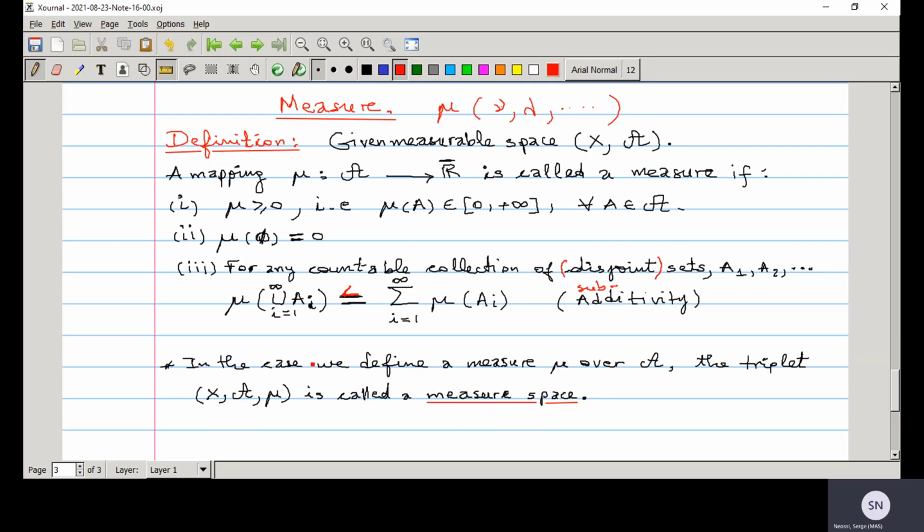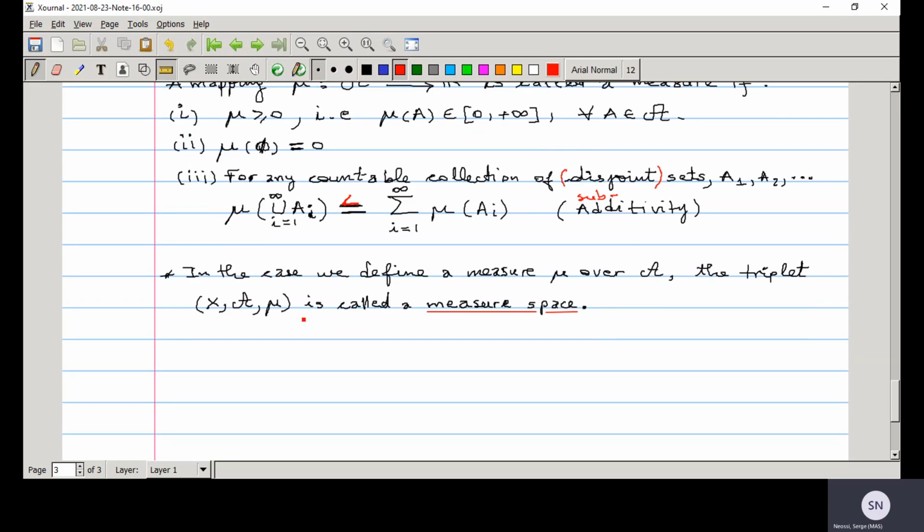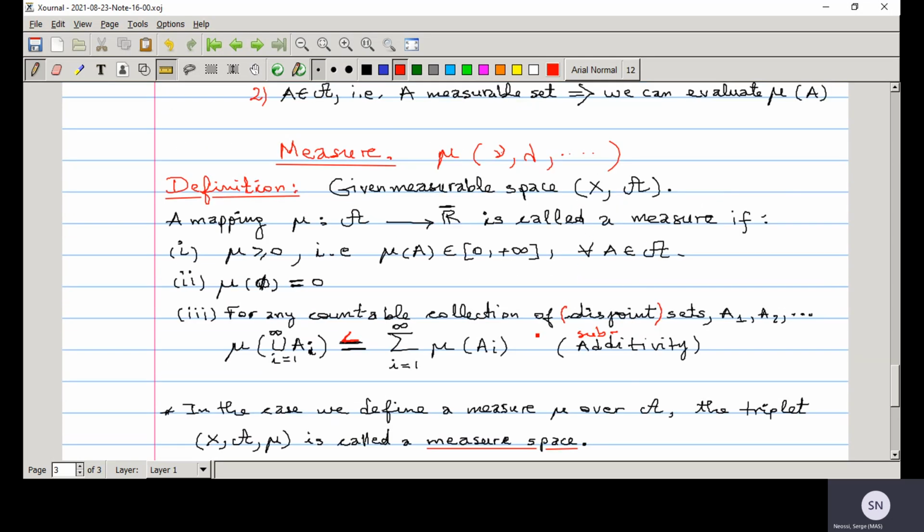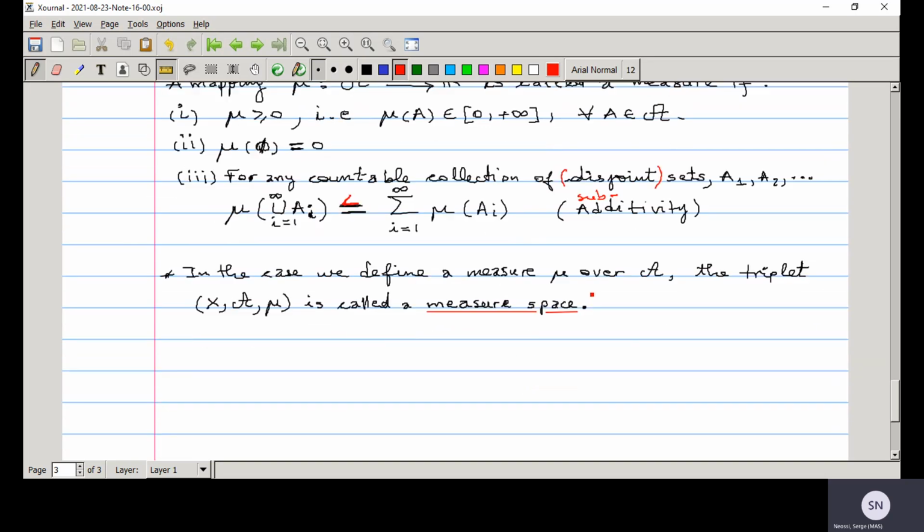I'm just trying to make the correlation between this definition and what you already know from probability. So this is a measure space if mu is a measure. If mu of A is equal to 1, it becomes a probability, right? And then you call it a probability space. So let me give another definition.